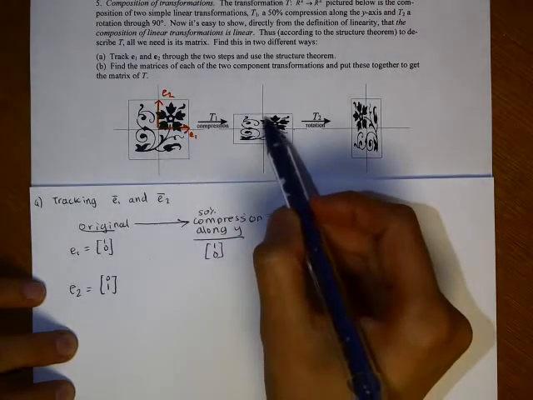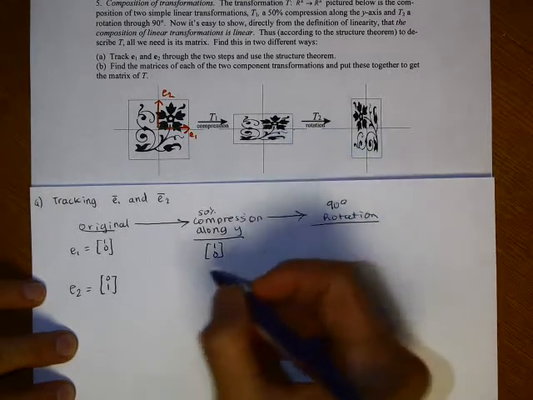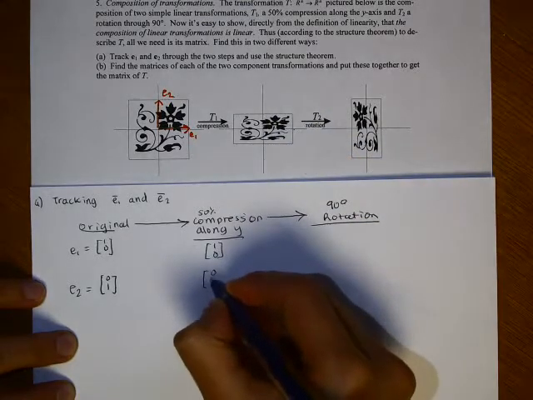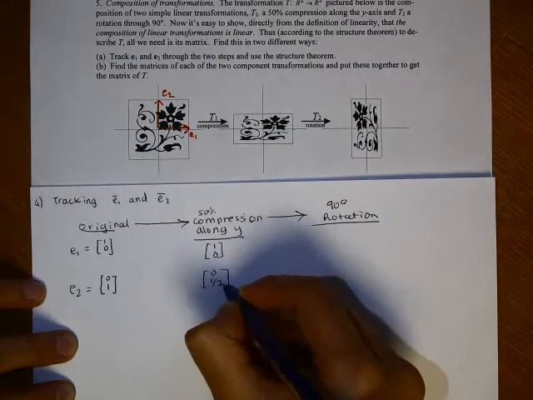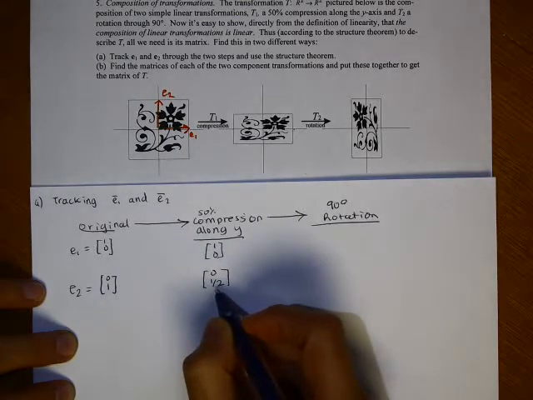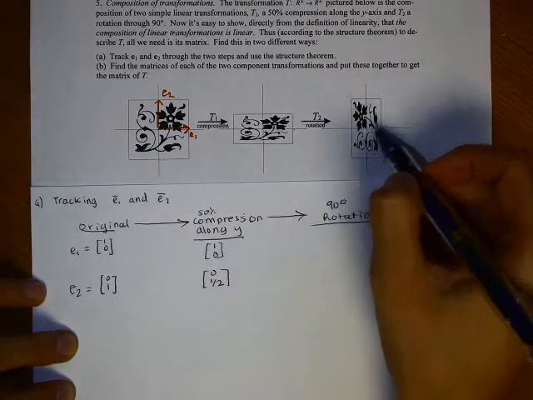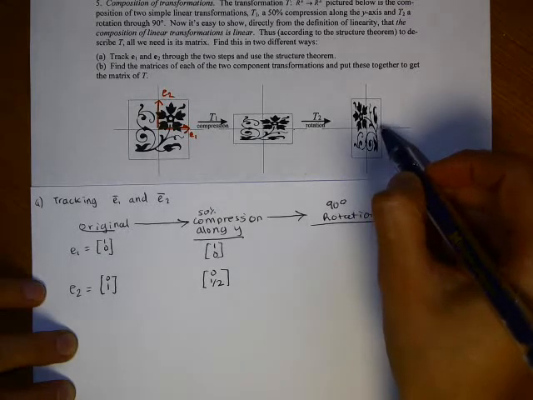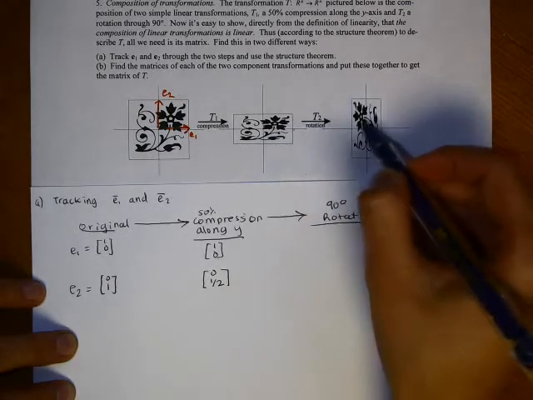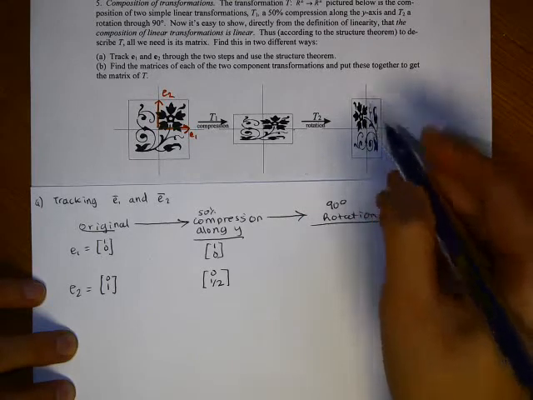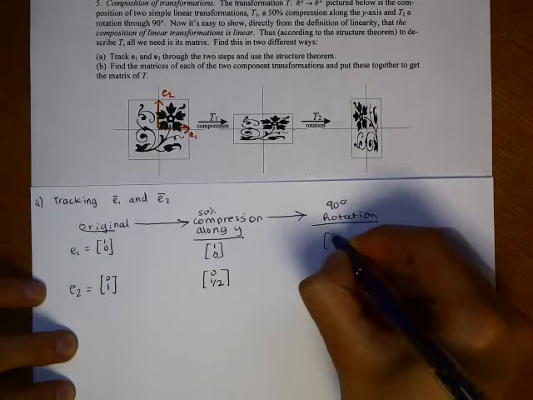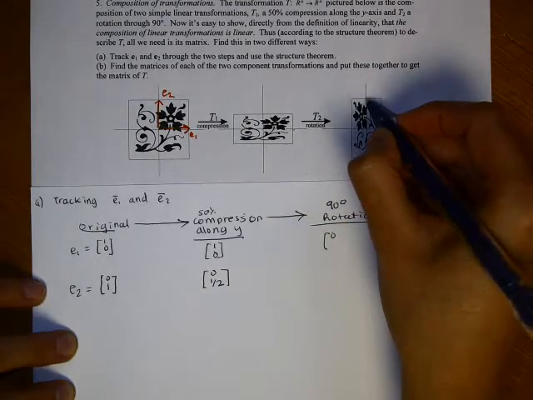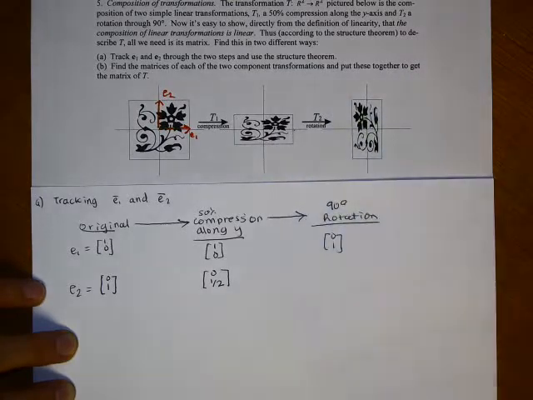Well, we're compressing 50% along the y-axis, so that means our y value is going to get squished by a half. So 1 turns into a half. Now for our 90-degree rotation, our (1, 0), which started out here, is going to go up that way. So what we end up with is 0 on the x and 1 on the y.